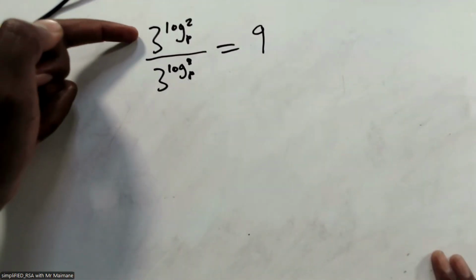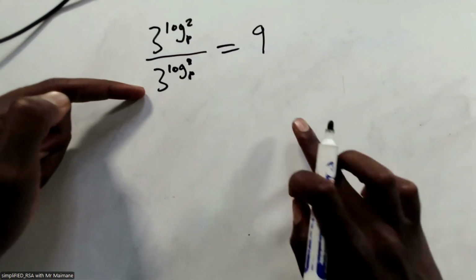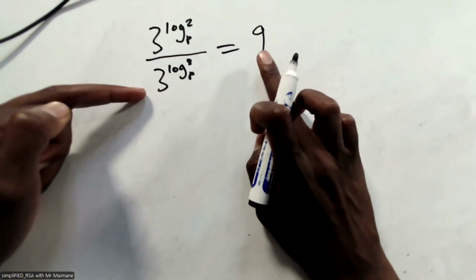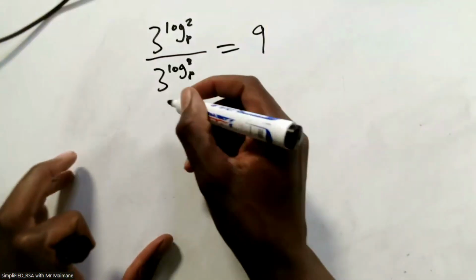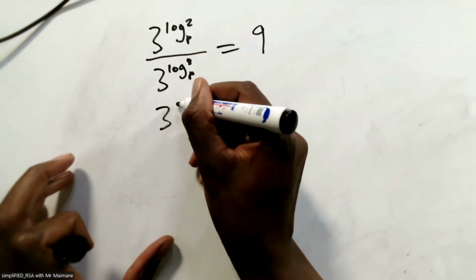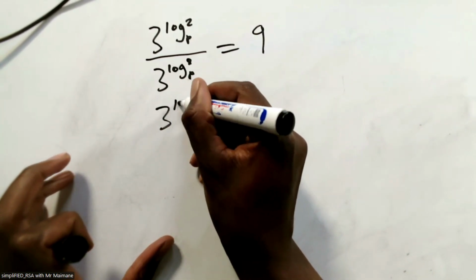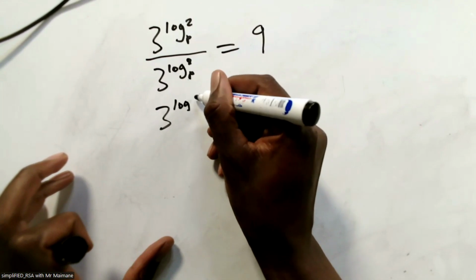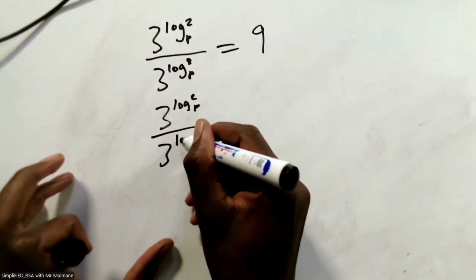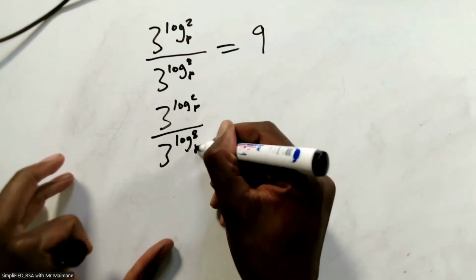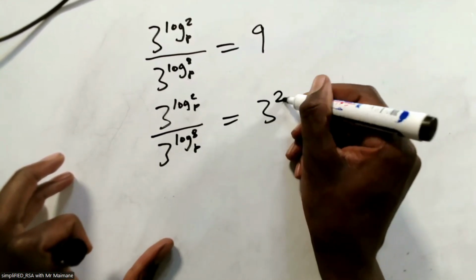Already I see its exponent. The base is 3, the base is 3. If I see 9, I know I can manipulate it to be the same base as the other. So here I will have 3 to the log 2 base p all over 3 to the log 8 base p is equal to 3 squared.